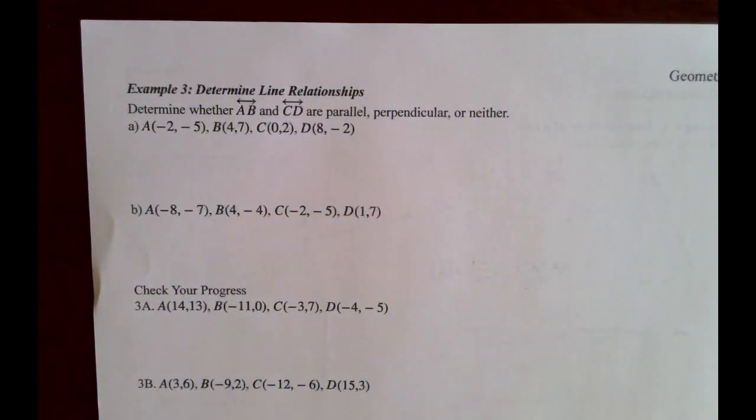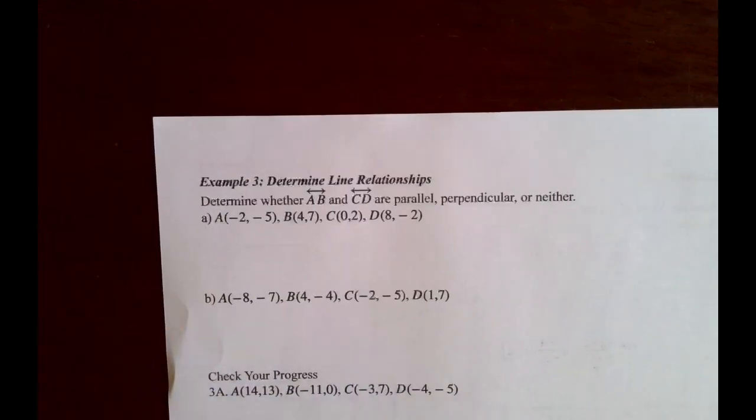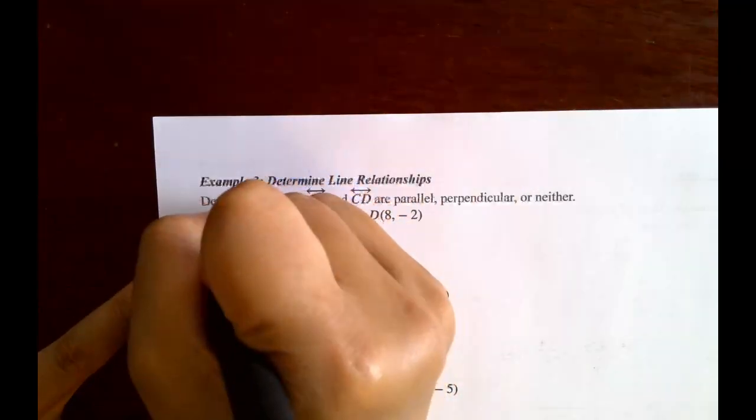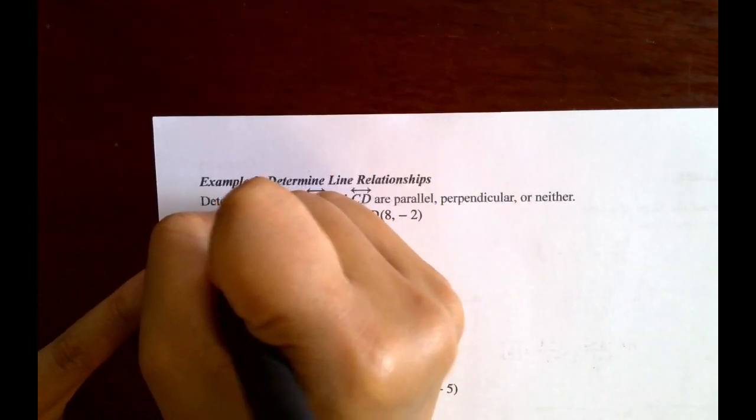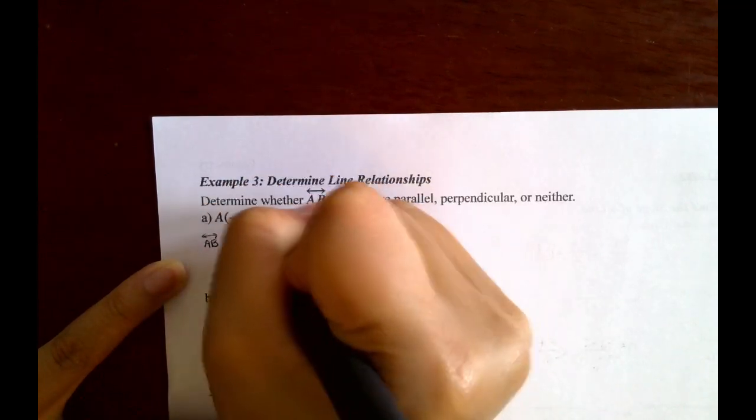Okay, so here we're going to determine whether AB and CD are parallel, perpendicular, or neither. Right? So I need to find the slopes. Okay? So I'm going to start off with the slope for AB. AB's slope. Okay.